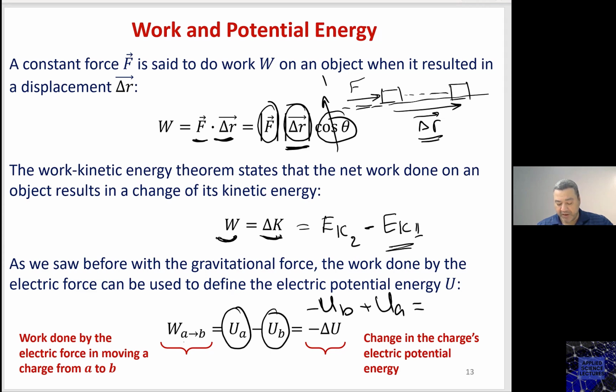If I take the minus outside, then this becomes UB minus UA. The final minus the initial is the delta, and that's why this work equals minus delta U. So we know now that the work equals the difference in the kinetic energy between the final state minus the initial state, which equals minus delta U.